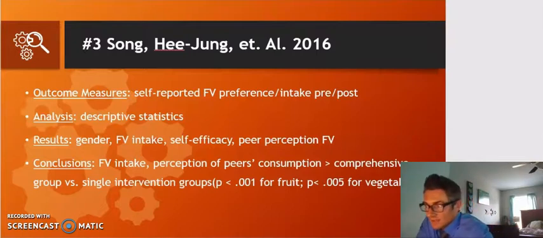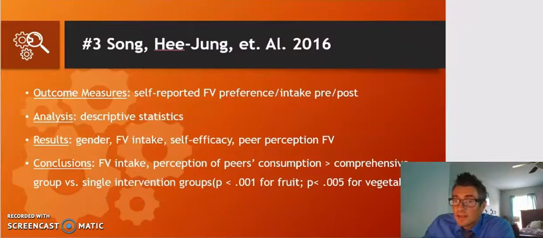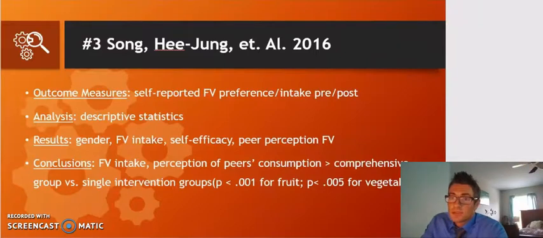The results indicated that self-reported intake and perception of peers' intake increased significantly for the comprehensive intervention group compared to either the cafeteria renovation or nutrition education groups alone. Limitations to this study are that the data was self-reported for intake and preference. Similar programs which utilize cafeteria staff and teachers to promote fruit and vegetable intake in the cafeteria may have similar results.